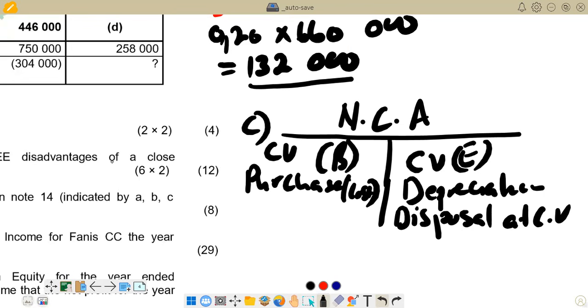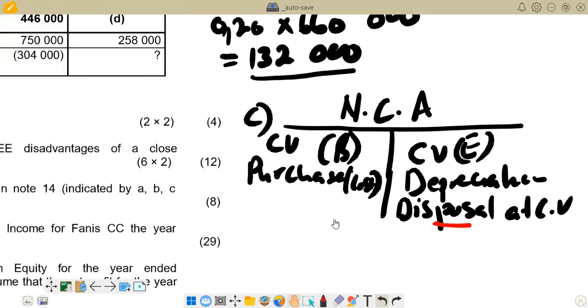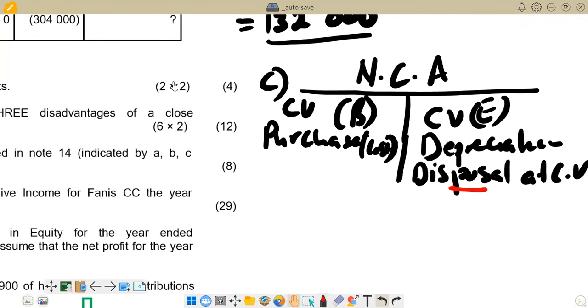So we just take the figures that we have there, and remember, in terms of vehicles in the question, we do not have any purchase. But the figure that we are trying to find here is disposal at carrying value. So we just substitute the figures that we have in the question in the table. We go to the table first and see the figures.